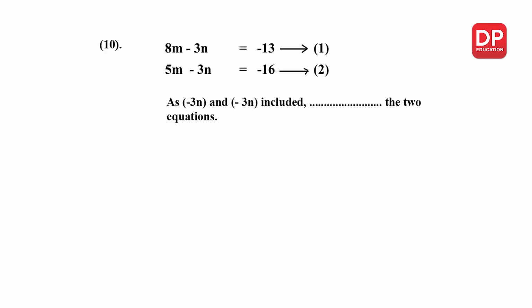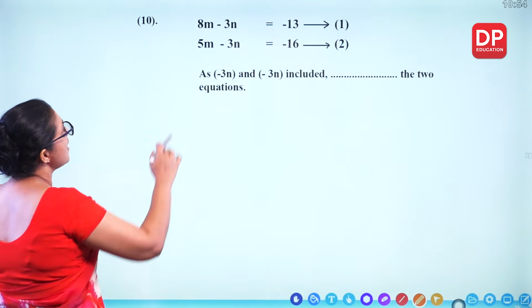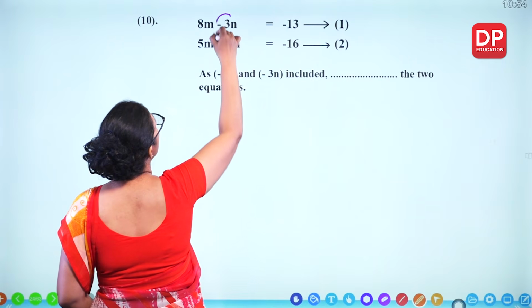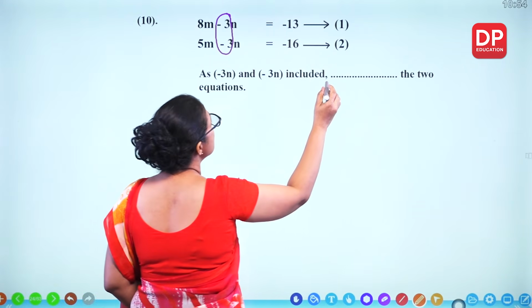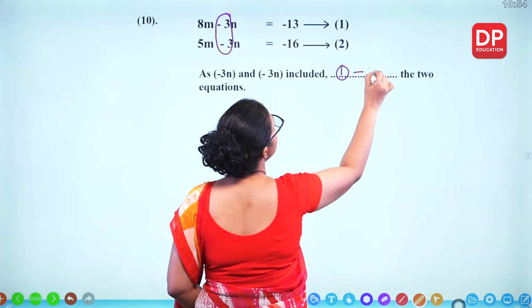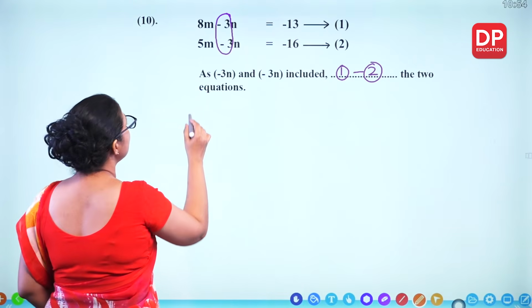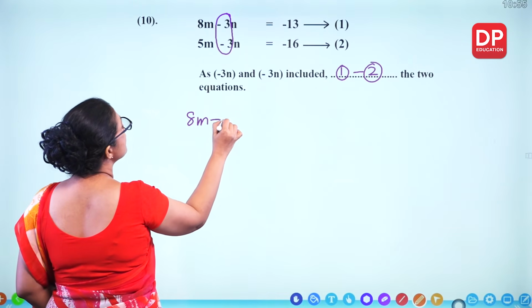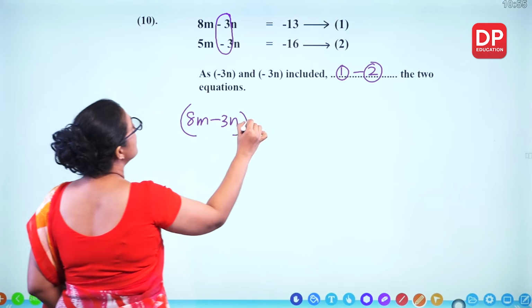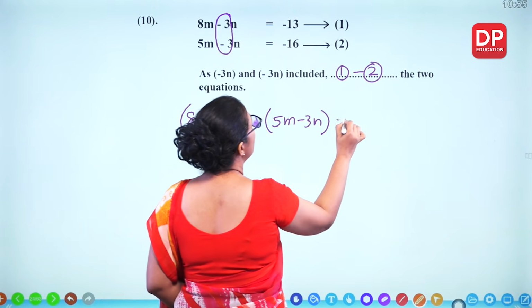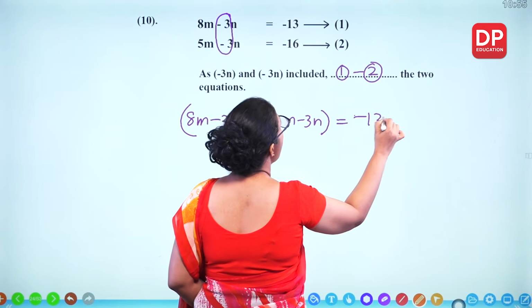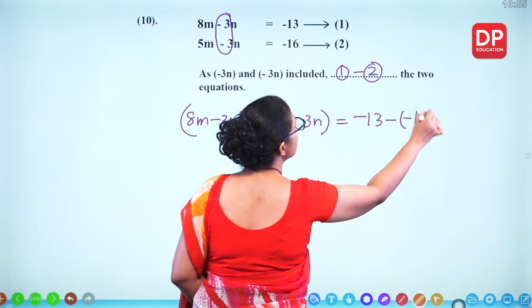This equation. So coefficients are equal here in n. Both minus. So both minus, you have to subtract. 1 minus 2. So subtract the two equations. Minus 13 minus minus 16.